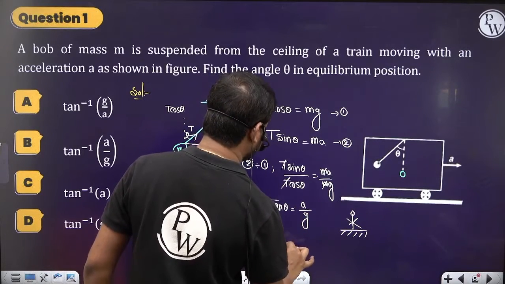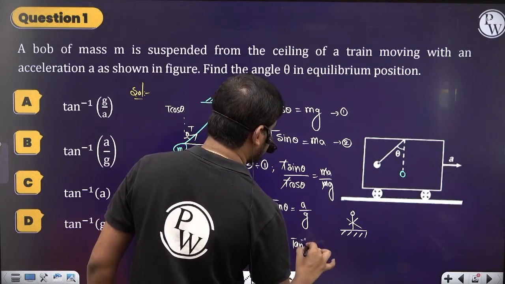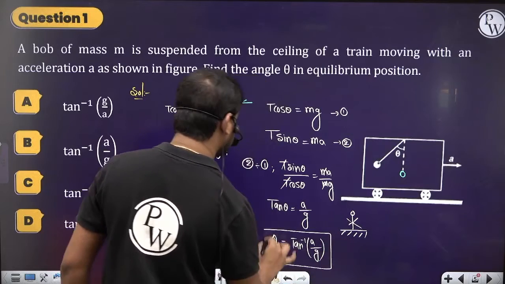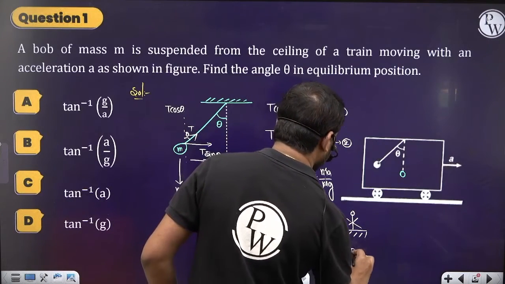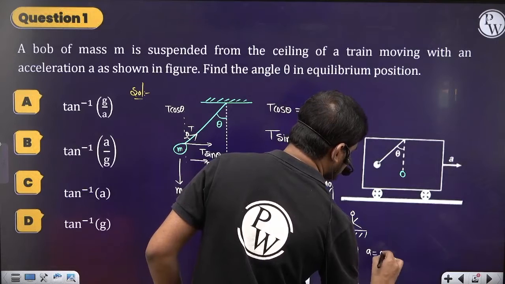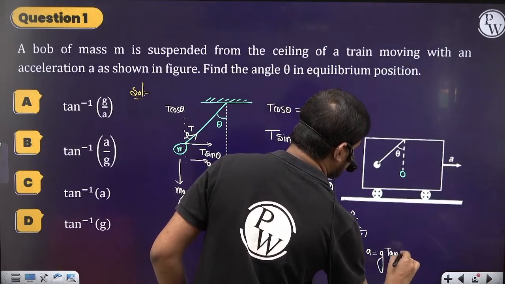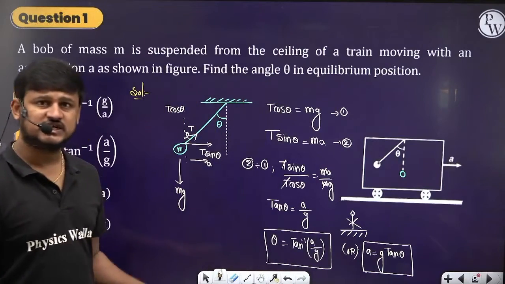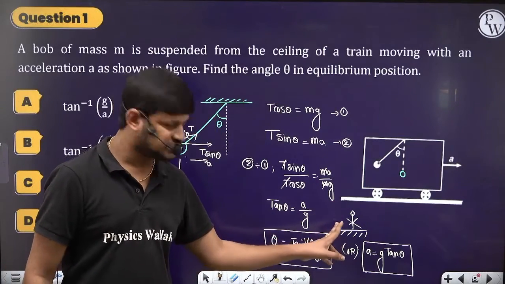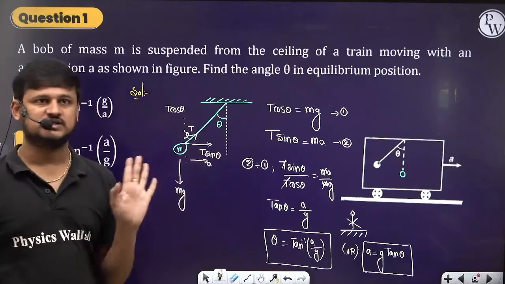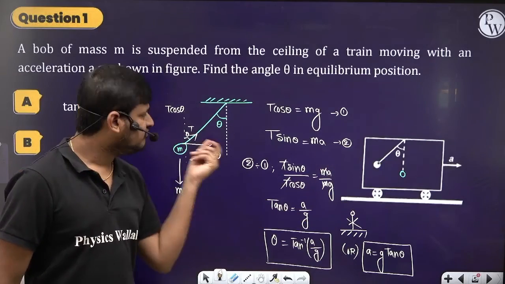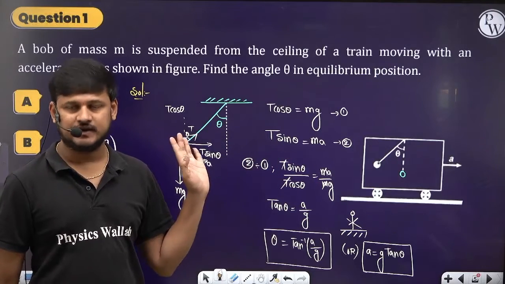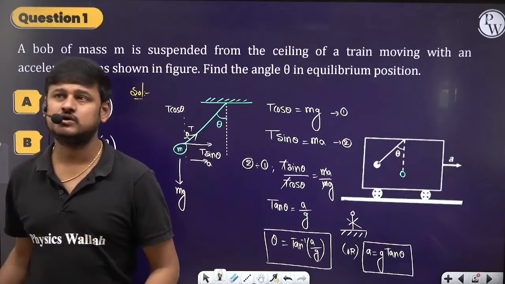So from here theta is equal to tan inverse of a by g, or the acceleration a is equal to g tan theta. Clear guys, this concept? I just considered the person outside and then applied Newton's laws, because this is the inertial frame where Newton's laws are valid. Clear? Understood?